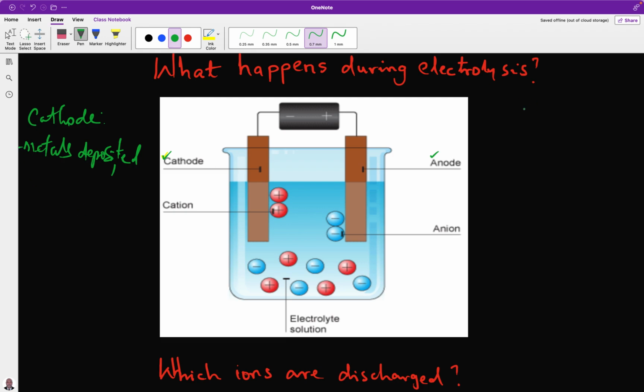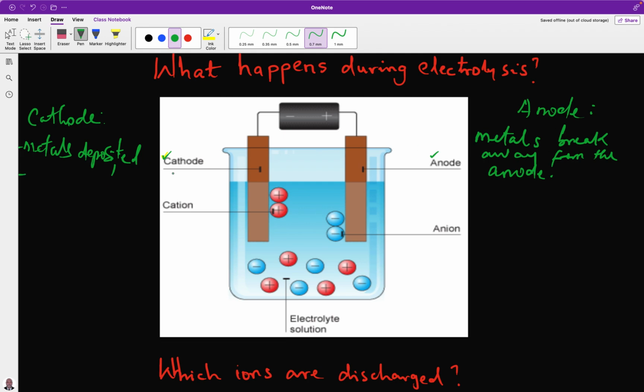At the anode, what happens? At the anode here, the metals will break away from the anode. That is what happens. Then again, at the cathode, hydrogen is evolved.